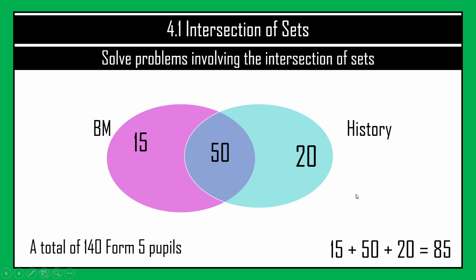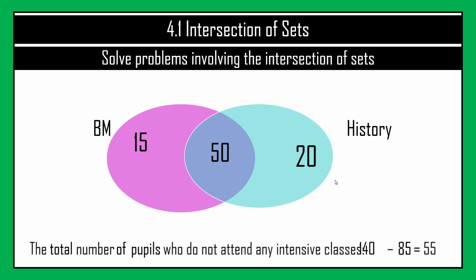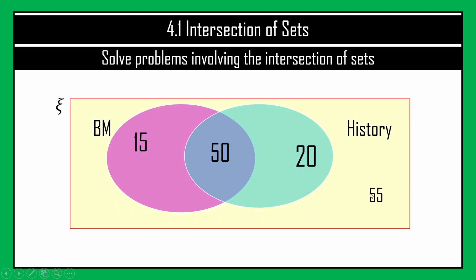So we take the total number of students minus those who chose BM only, both BM and history, and history only. So we get 55. So there are 55 students that did not attend any of the intensive classes. This is how we represent them in the Venn diagram. Because 55 does not belong to either of them, they are outside the sets.